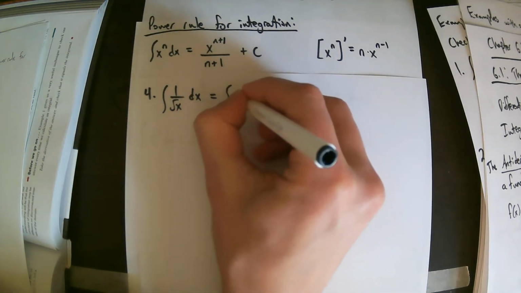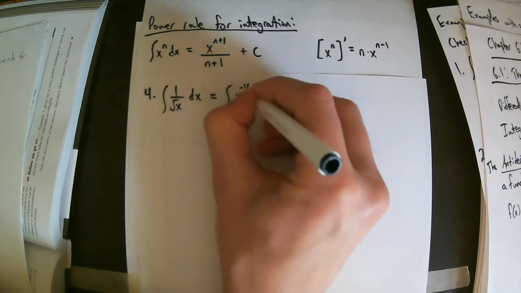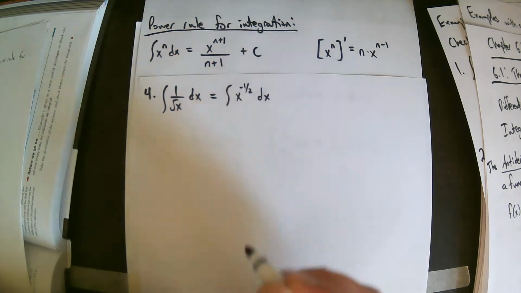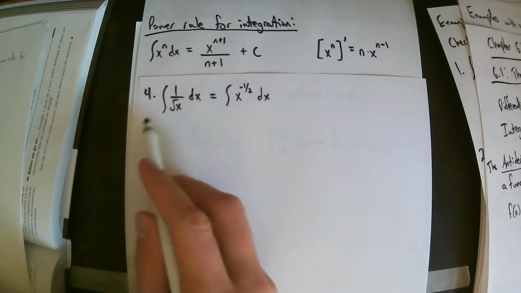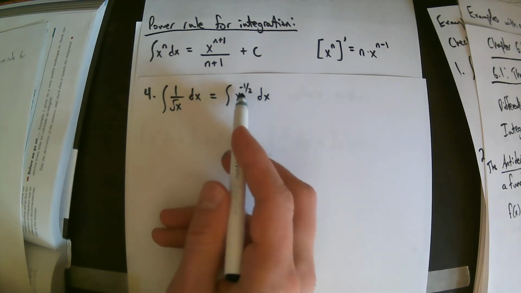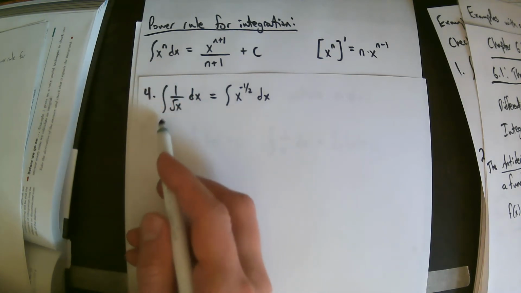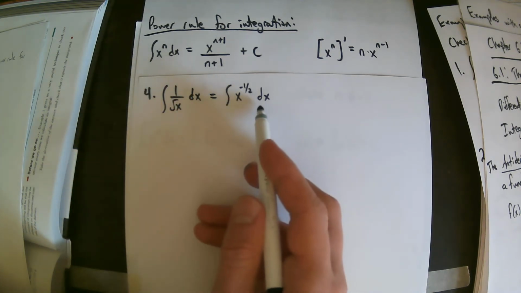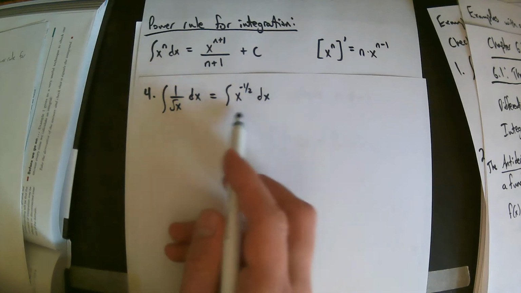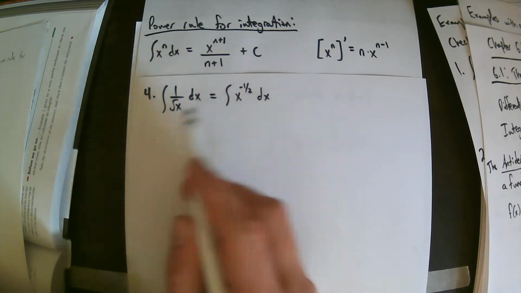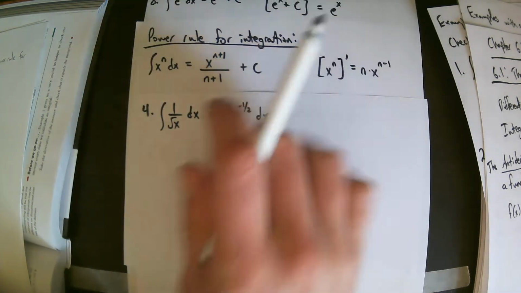Isn't this the same as x to the negative 1/2, right? So you see, when I'm rewriting these integrals so that I can identify the exponent, I keep rewriting this giant, elongated s symbol, and the dx. I'm not doing the operation yet. I'm just rewriting it so that I can apply this power rule.